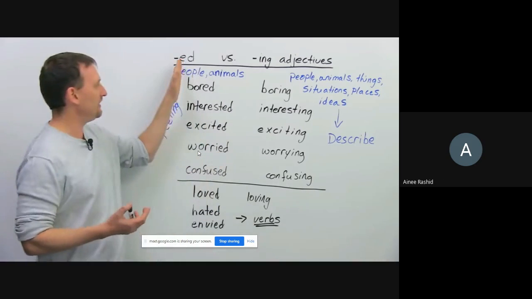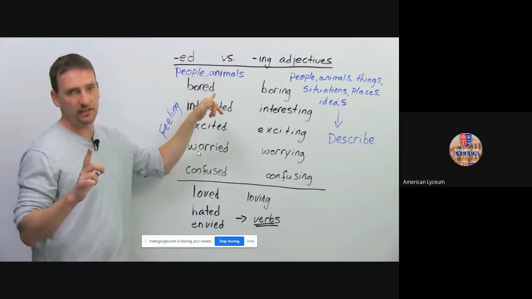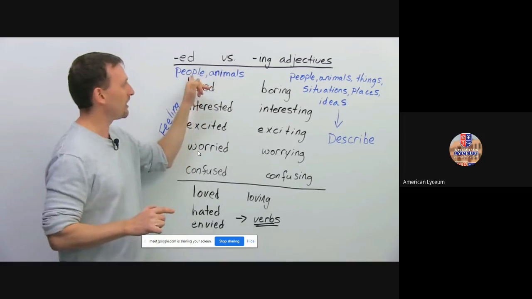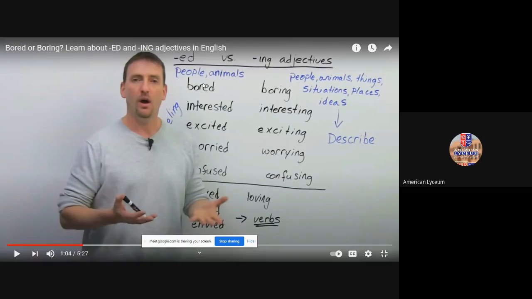So all of the ed adjectives are actually feelings, and you can only use them to talk about people and sometimes animals. Okay, class. So the adjectives that end with ed, we only use them for expressing the feelings of people or animals.